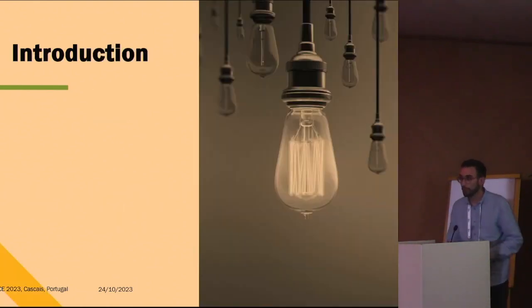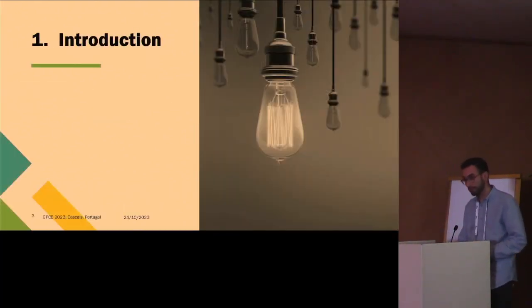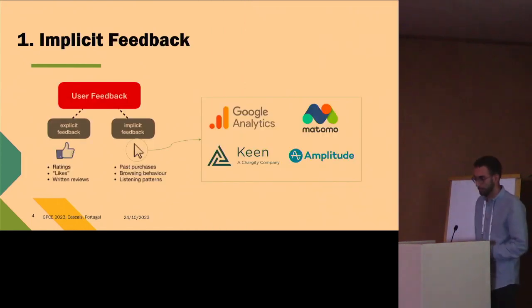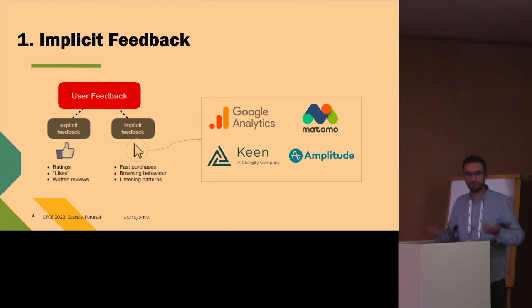So let's go for a quick introduction about implicit feedback and also product line engineering. As you may know, there is user feedback, that is what users think or perceive about your applications or software systems. And usually we have 2 different types of feedback.